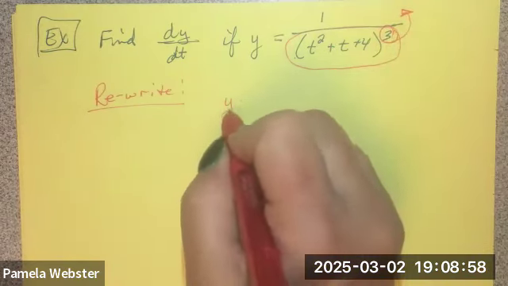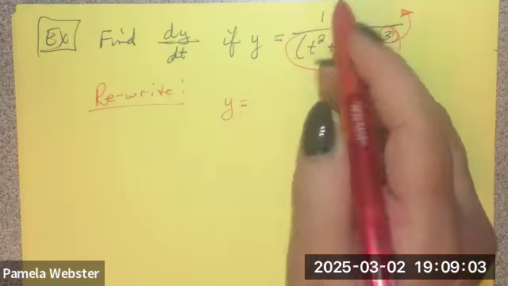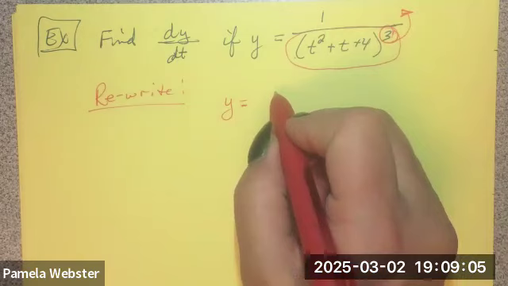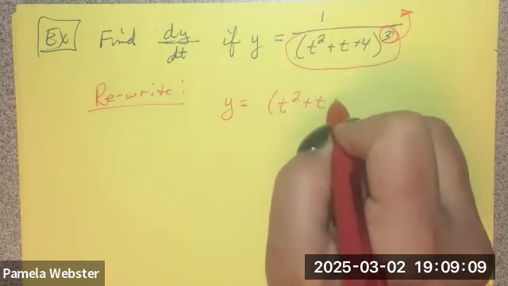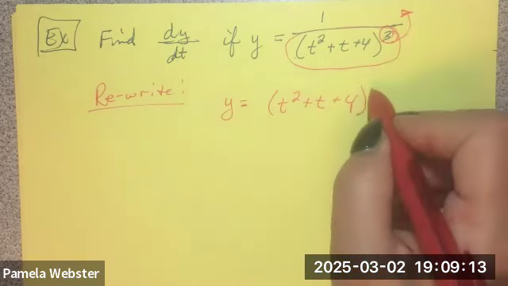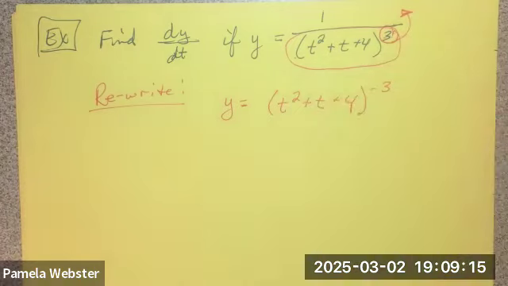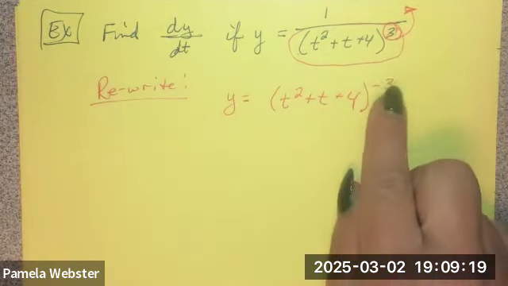So I'm not taking the derivative, I am just rearranging this. y equals, there's a 1 on top, so we don't really care about multiplying by 1. This whole thing, (t squared plus t plus 4), raised to the, if I put it on top, the 3 becomes -3. How much easier is that going to be to take as a power rule?